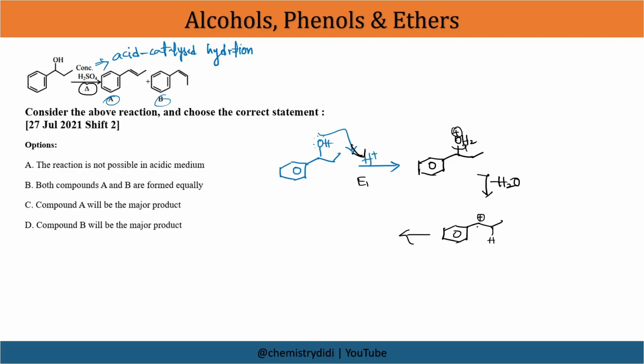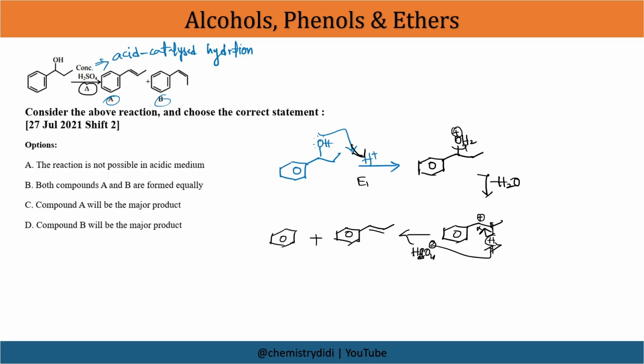With respect to this carbocation, this is the alpha carbon and this is the beta carbon. From the beta carbon, hydrogen will be lost. The conjugate base of this is HSO4 negative. This will abstract this hydrogen and this bond shifts towards here, in order to stabilize the carbocation. Okay, and here it will form this.